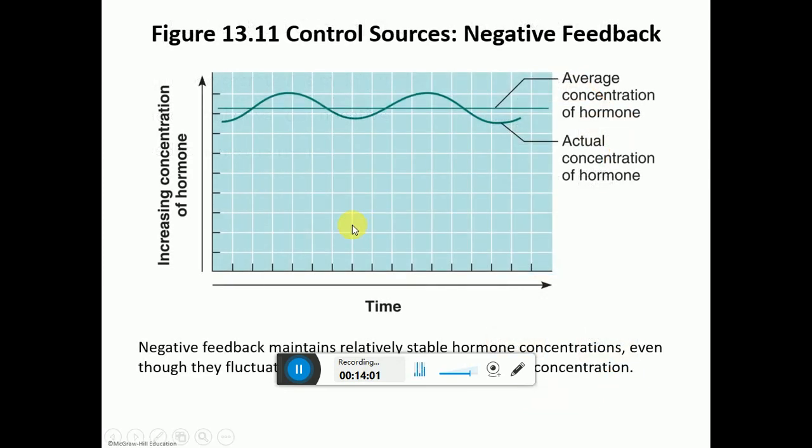We really do not have a constant level of hormone throughout the day. It is more of a cycle where there is an average normal, but the actual concentration of hormone varies throughout the day. So it fluctuates, as you see, around your average.